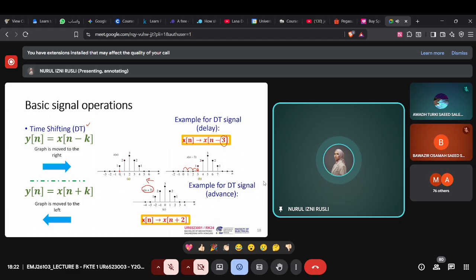So in this case, from 0, you move 2 steps to the left, because this is n + 2: 1, 2. So that's why you now have the signal at amplitude of 1 at n equal to minus 2, and the other signals are going to follow.